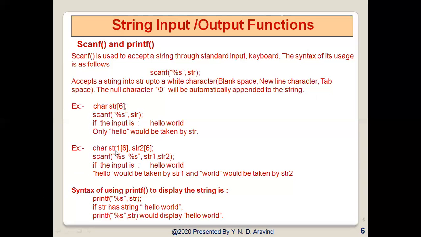For example, char str1[6], str2[6]; scanf("%s %s", str1, str2); The first %s is for str1 and the second %s is for str2. %s is the format specifier for a string. If the input is hello world, hello would be taken by str1 and world would be taken by str2.